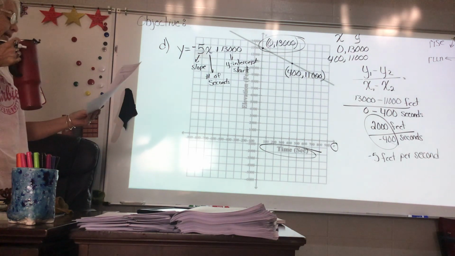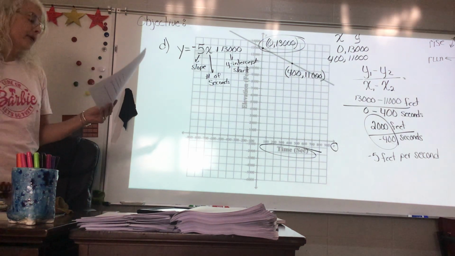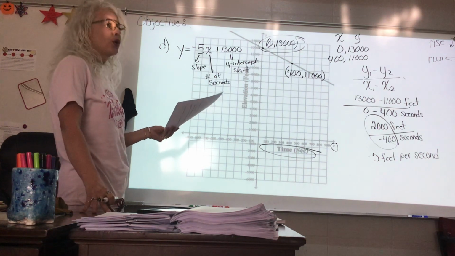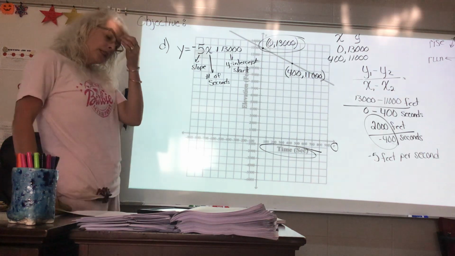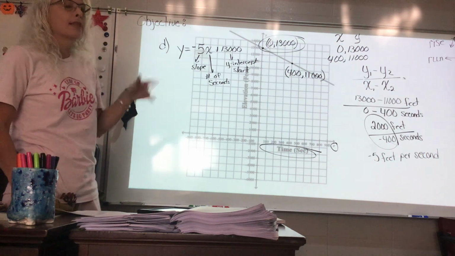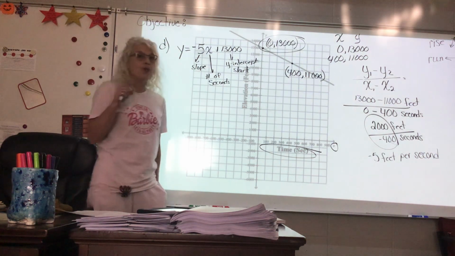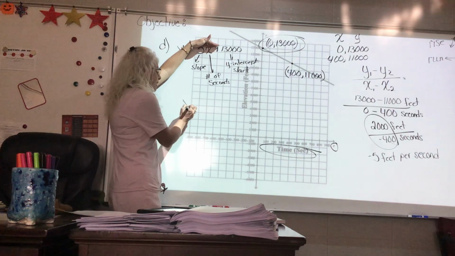Part E says use the equation to determine how long it will take Dunker to reach the ground. Circle, use the equation. Yesterday, when you guys were doing this on the other worksheet, when it says use the equation, you're literally going to copy the equation down.